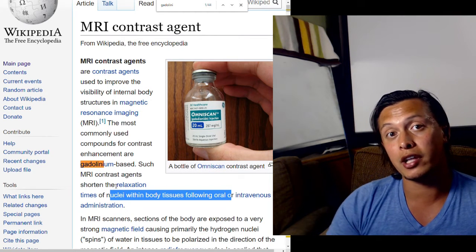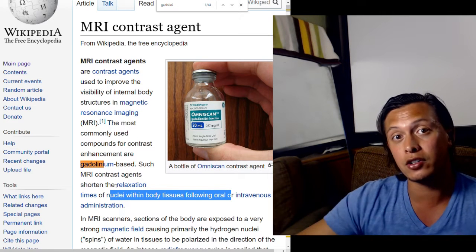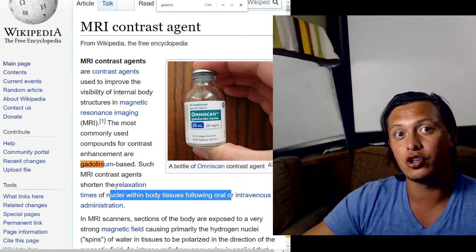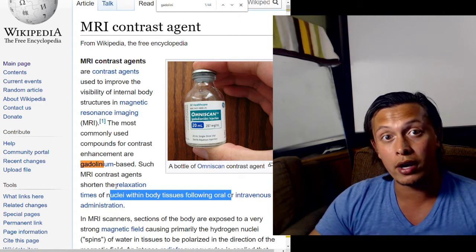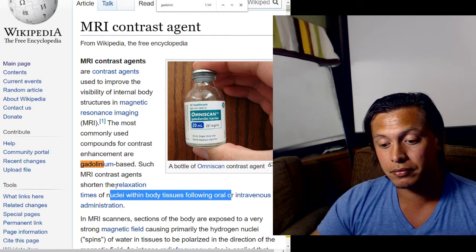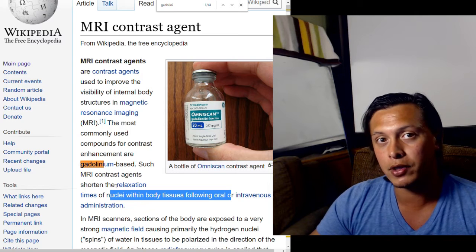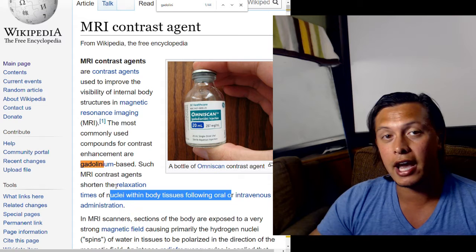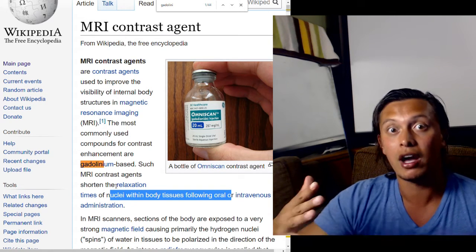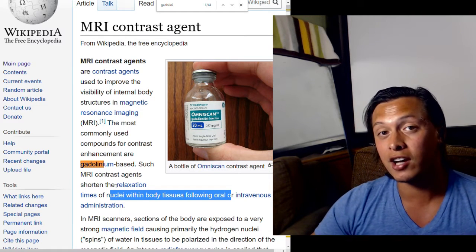As those realign with the magnetic field, they create a signal, and that signal is what is measured to recreate those MRI scans. Gadolinium is a compound that interacts with the magnetic field and can help speed up the rate at which the electrons in your body realign with the magnetic field. And by doing that, it increases the contrast.